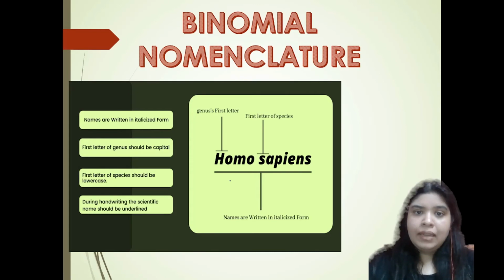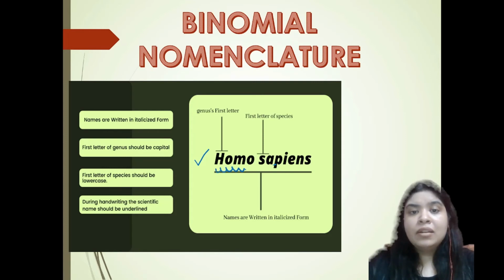One more time, let us understand this. Homo sapiens is the scientific binomial nomenclature for human beings, wherein the word Homo represents the genus of human beings. The first letter of the genus is always in capital, so capital H is written. Sapiens here represents the species.